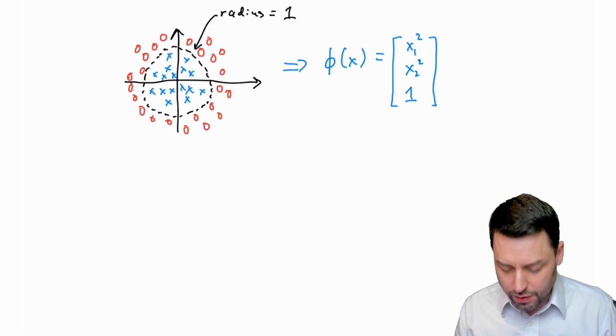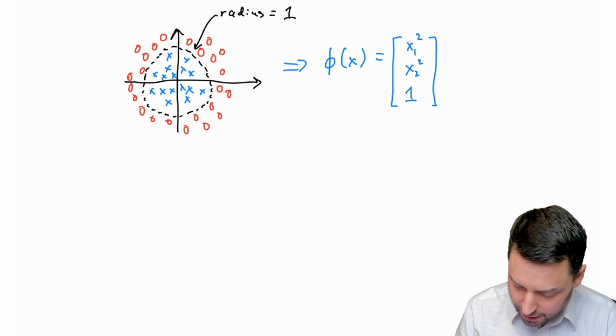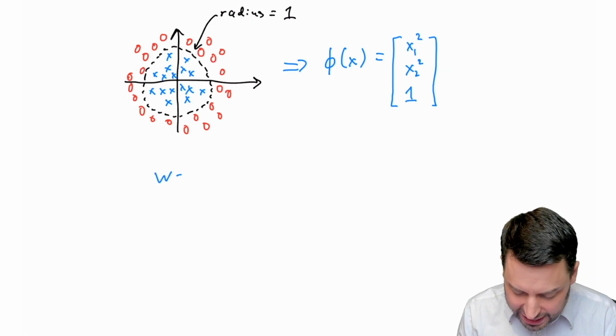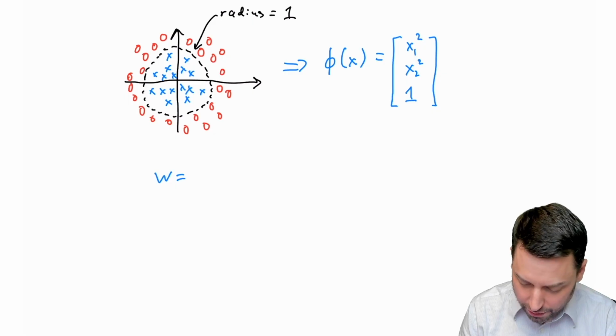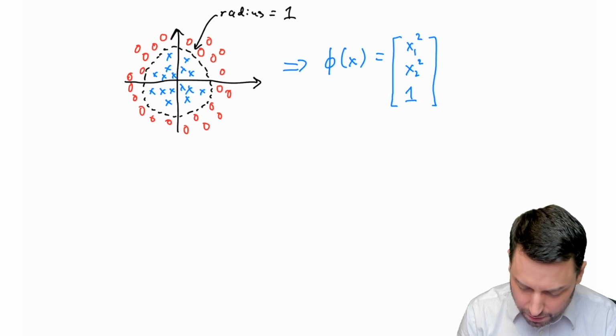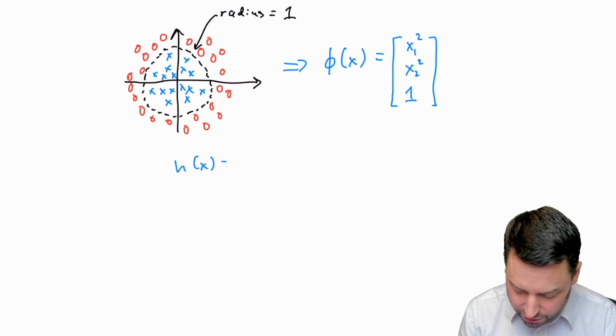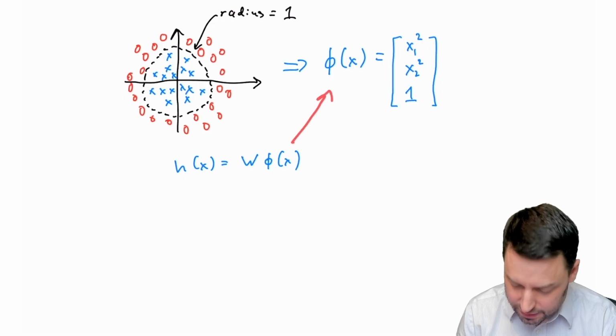Now, what we're going to do here is define a W matrix. Actually, I'm going to use my blue color for that, for math. We're going to define a particular form of W matrix. So again, our function here is going to be h of x equals W times phi of x, and we're going to use this particular set of phis.